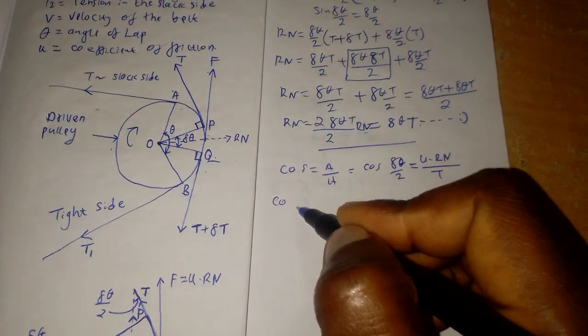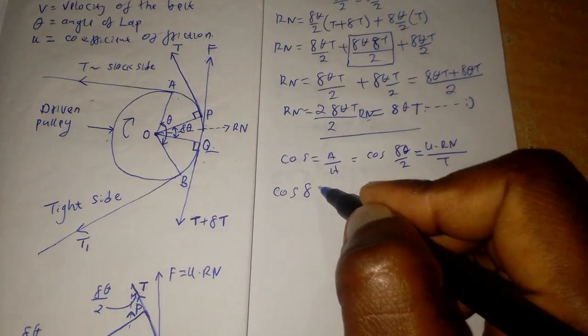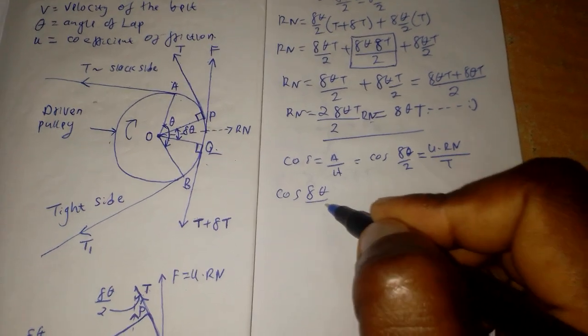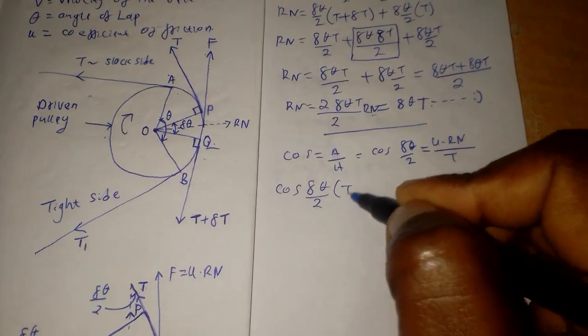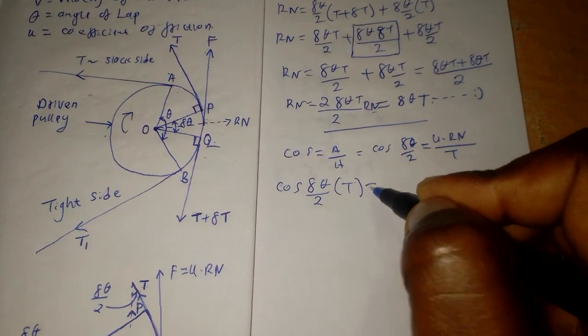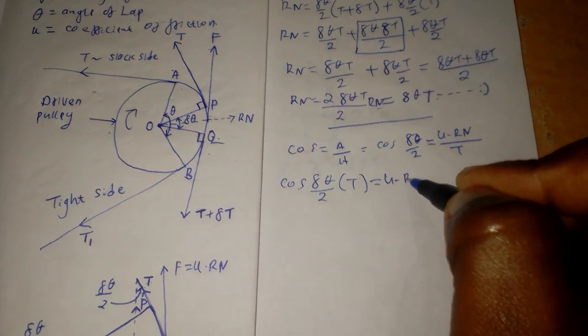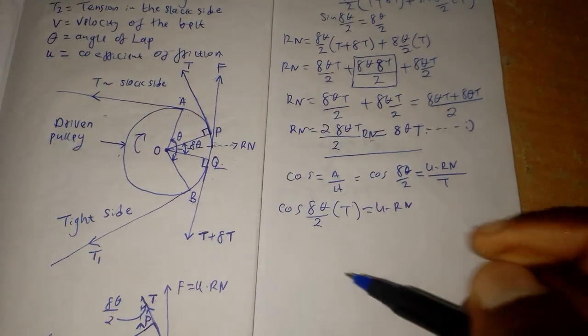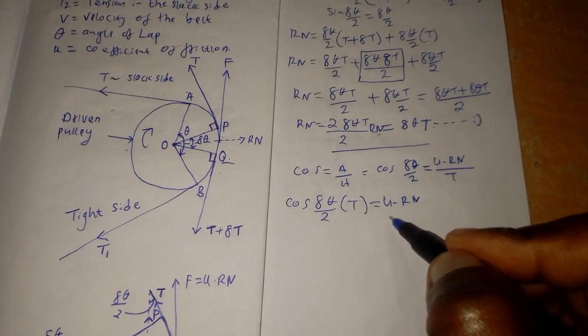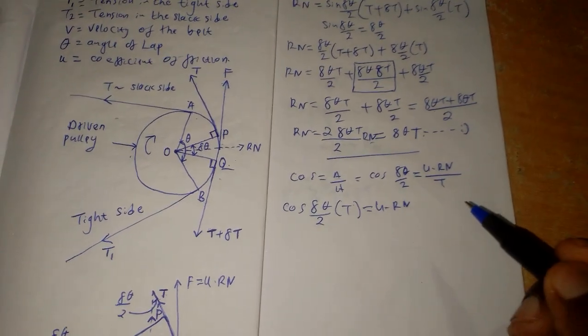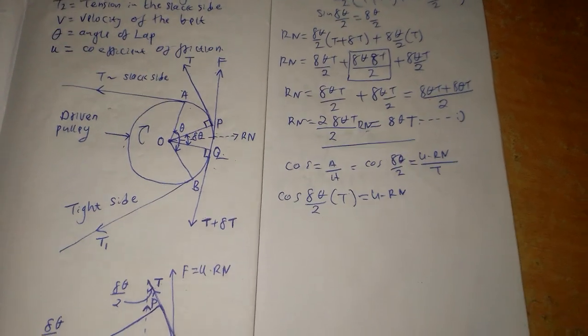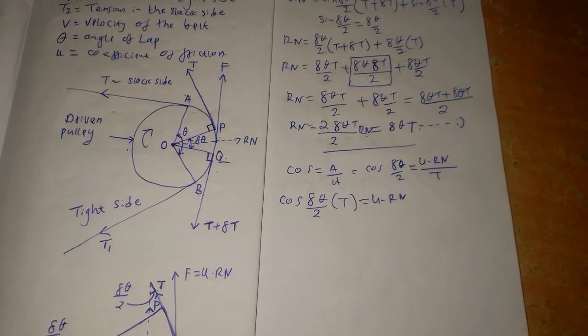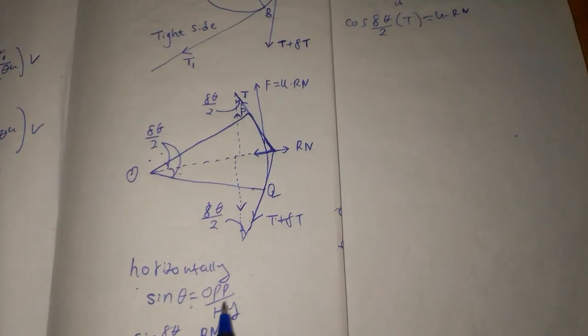Now cos alpha theta divided by 2 times t is equal to Rn. Now this is for the slack side. Now let's go for the right side, this part.